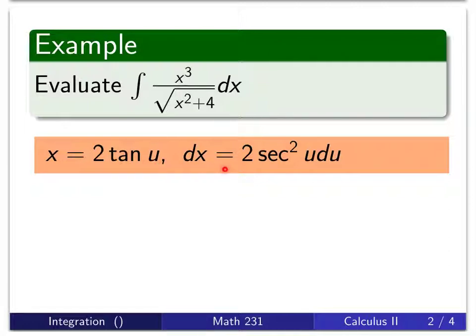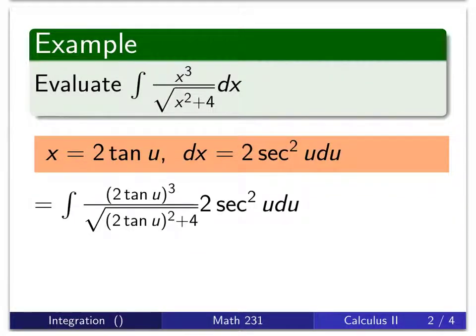The derivative of tangent of u is secant squared of u, so we end up with 2 secant squared of u du. We'll make these substitutions. X cubed becomes 2 tangent of u cubed. X squared becomes 2 tangent of u squared. And 2 secant squared u du is what used to be dx.